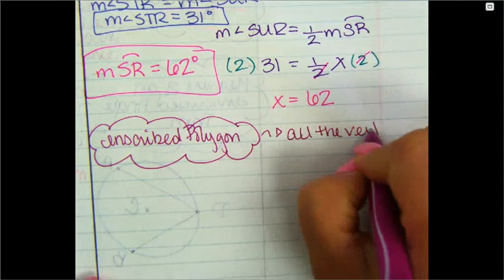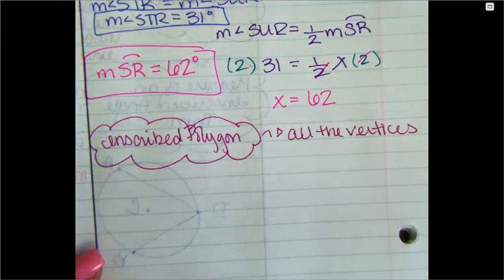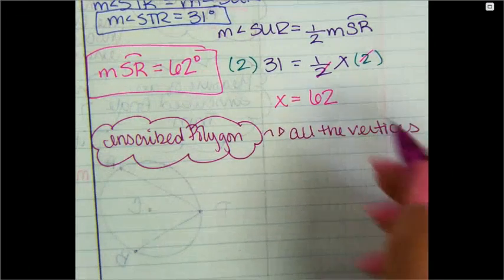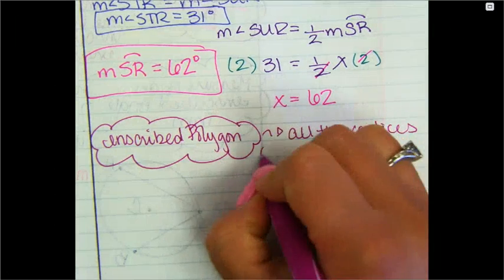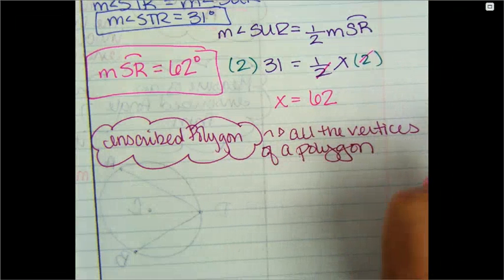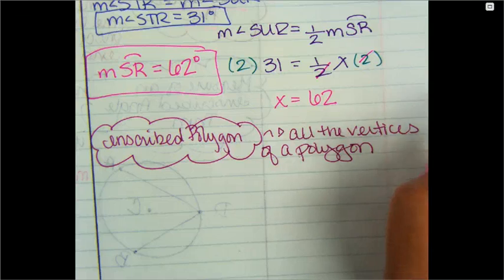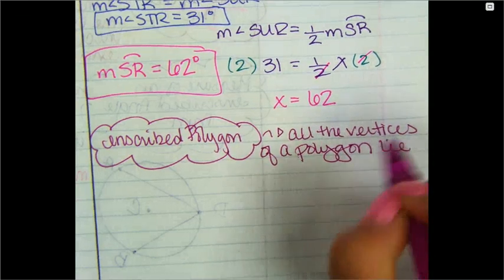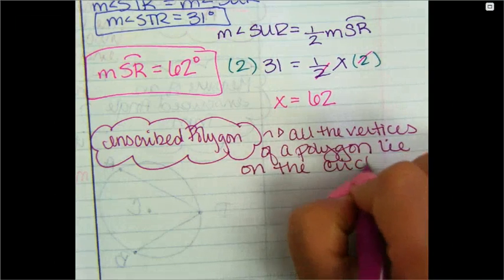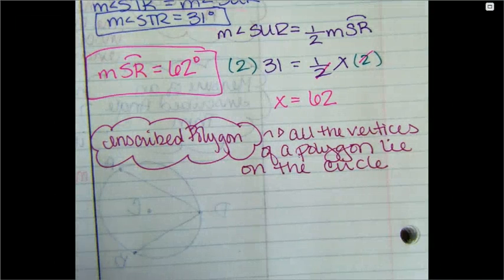What's a vertice? Or why is it vertices and not, many what? Vertex. That sounds weird, but we have more than one vertex. All the vertices of a polygon. Is a circle a polygon? Why? Does it have a vertex? Nope. Lie on the circle. All the vertices of a polygon lie on a circle.